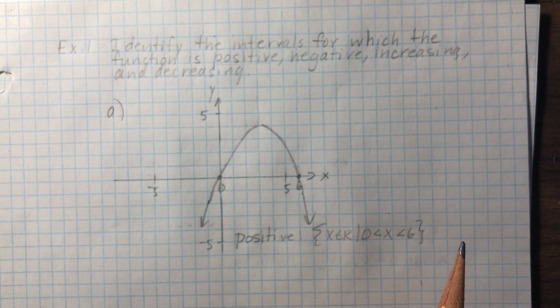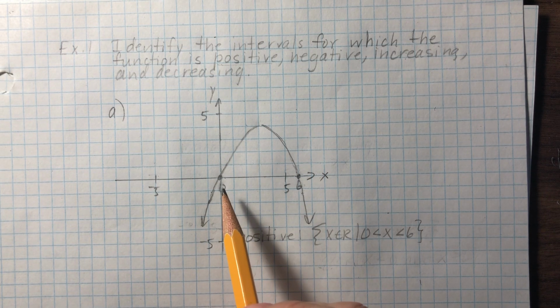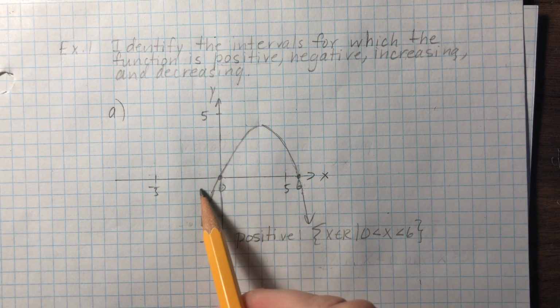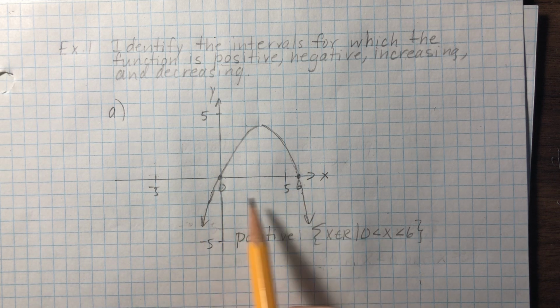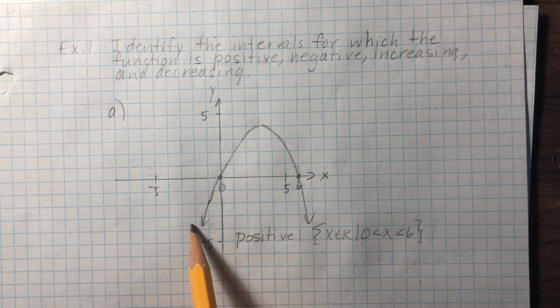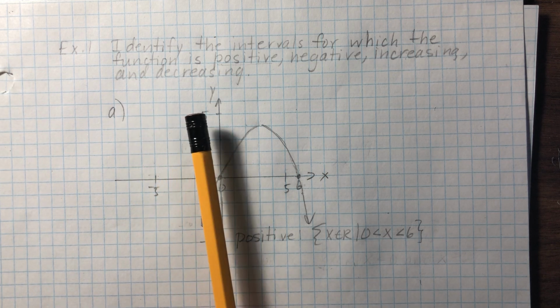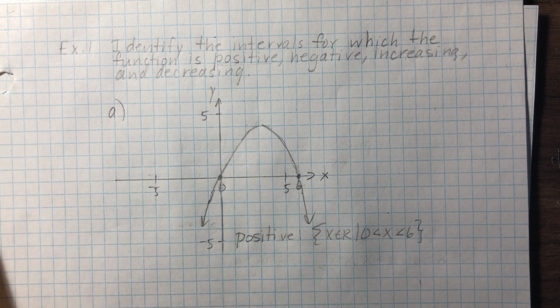Now let's look at the negative intervals. There are two parts on the parabola where the y values of the function are negative, here and here. So we have to consider them both. If I look at this part here on the left, I notice that to the left, it's going to continue growing.